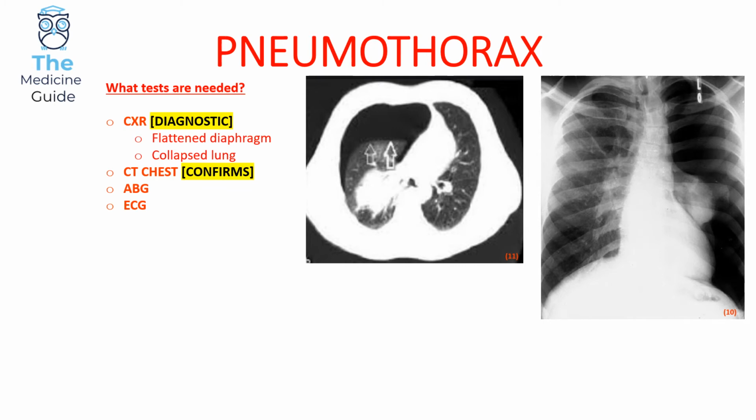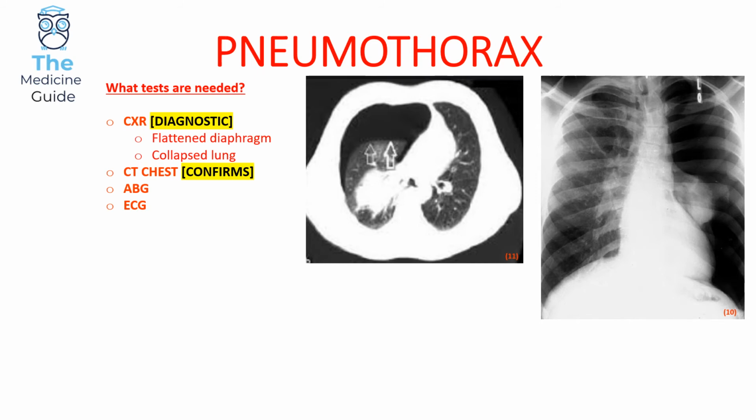Okay? So after performing a chest x-ray, healthcare professionals need to perform a CT chest which confirms that the patient has a pneumothorax. If you have a look at this CT, it shows evidence of a right pneumothorax because you've got that black area on the right side of the patient's chest, and you can also see the border of the collapsed lung.